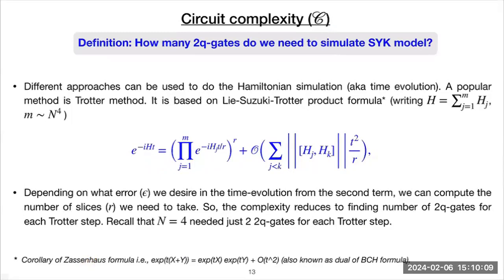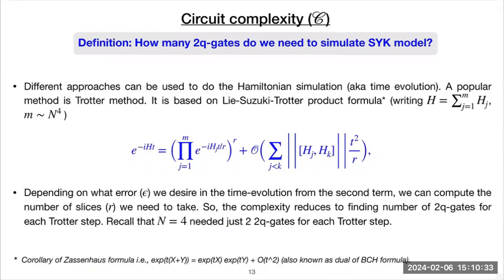And this is something which is just coming from this formula. It's a corollary of the Hausdorff-Zassenhaus formula. Maybe you don't know it by this name, but it's like a dual of the BCH formula. The BCH formula tells you what is e to the A, e to the B, where A and B are operators. And this formula, which is dual, tells you what is e to the A plus B. So we use this and you can write it like this, and this is what we have.